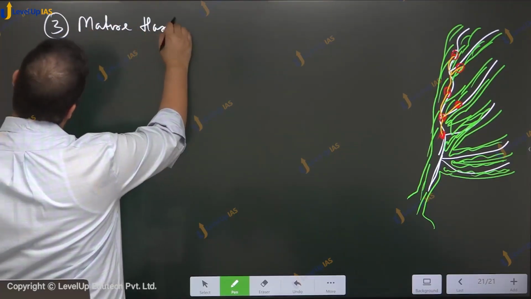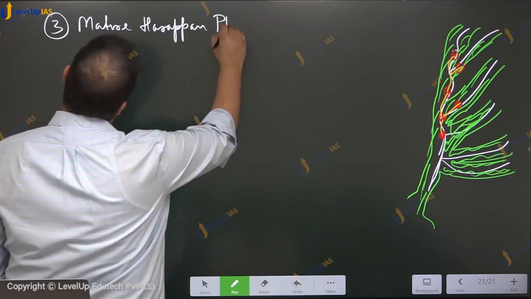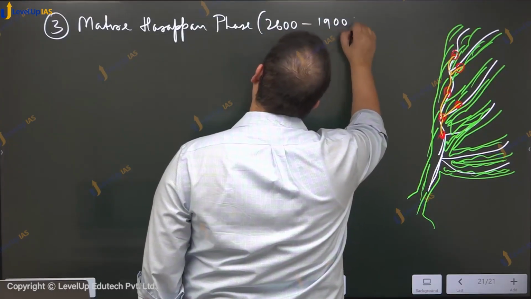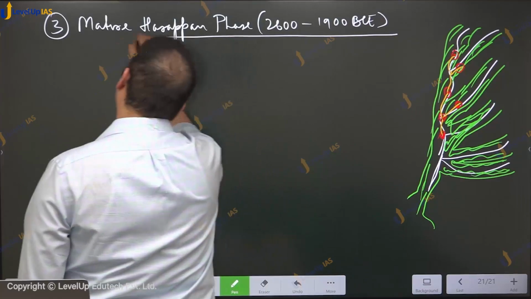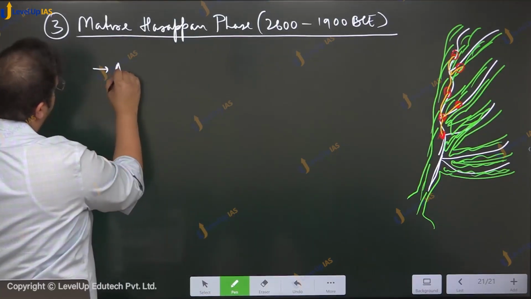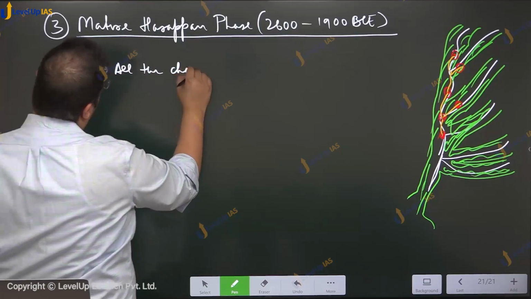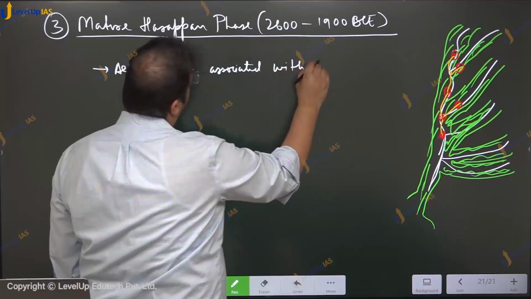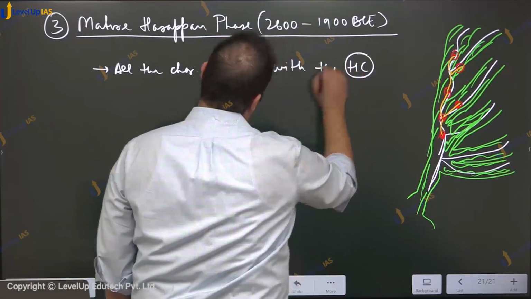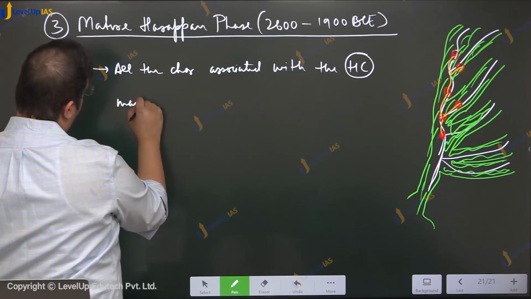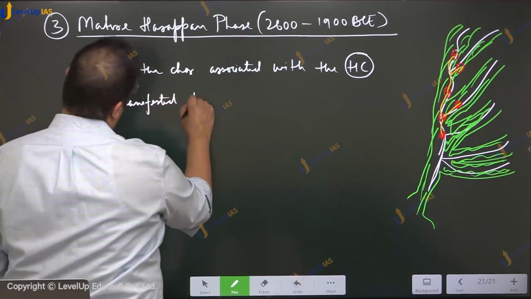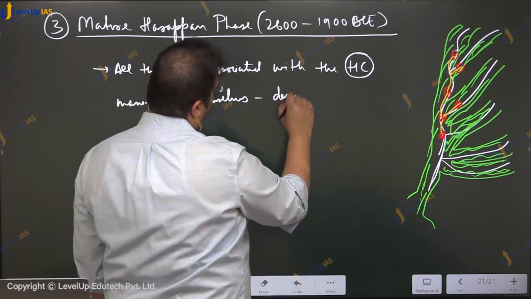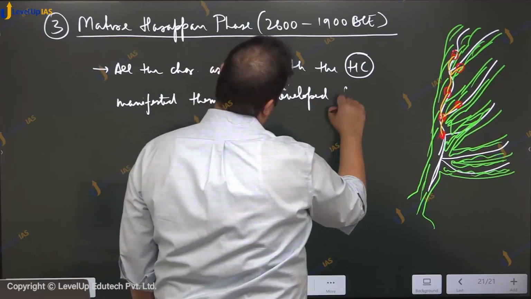Okay? That is the mature Harappan phase. That is from 2600 to 1900 BC. यहां पे क्या देखने के लिए मिलेगा? All the characteristics associated with the Harappan civilization manifested themselves in their developed form.